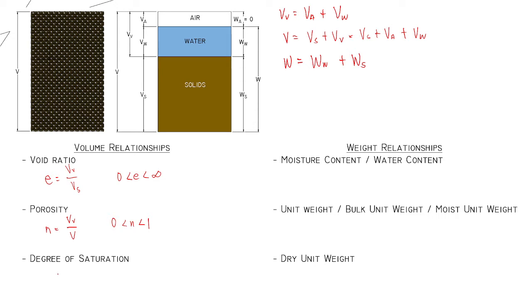Lastly, we have the degree of saturation. So this is S. And usually, this is also presented in terms of percent. So the degree of saturation is the volume of water all over the volume of voids. So this indicates how much of the voids is filled up with water.